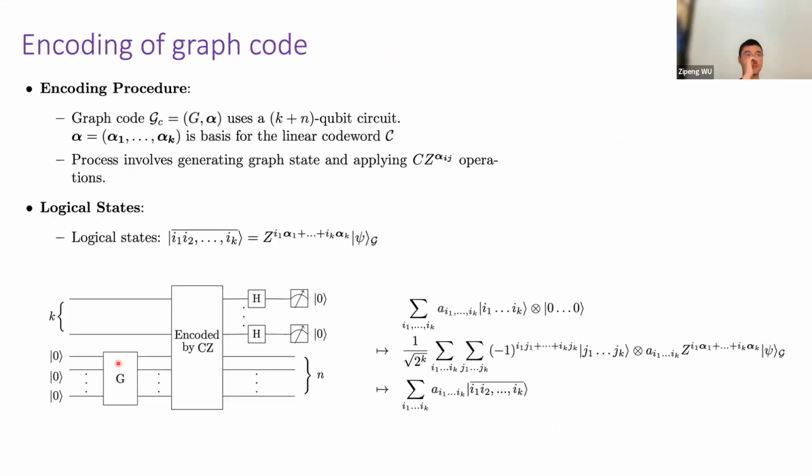Okay, so I will talk about the encoding procedure of the graph code.